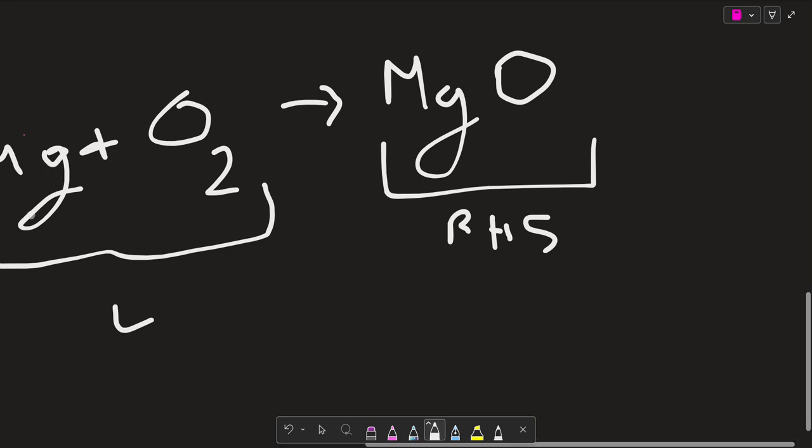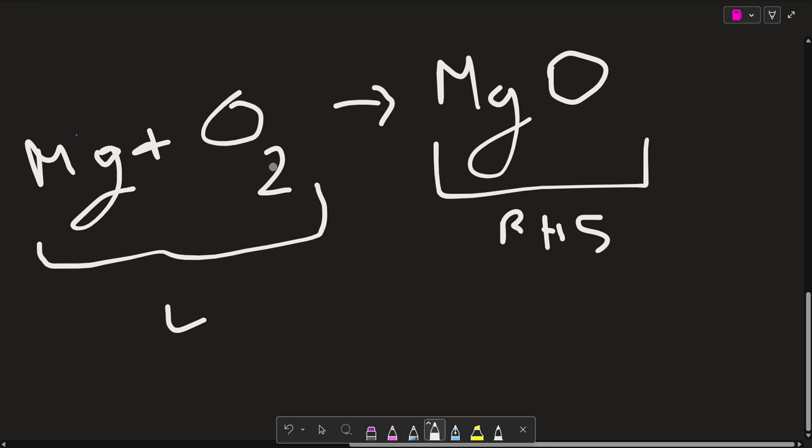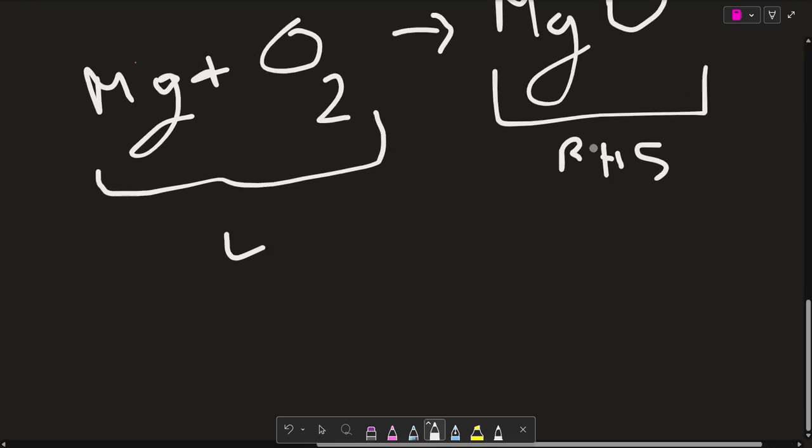So the molecular mass of magnesium in LHS and RHS are equal. But in the right-hand side, the molecular mass of oxygen is 1. As we all know, in the LHS, the molecular mass of oxygen is 2. But in the right-hand side, it's 1. So it's not equal. We have to make the molecular mass of oxygen equal.